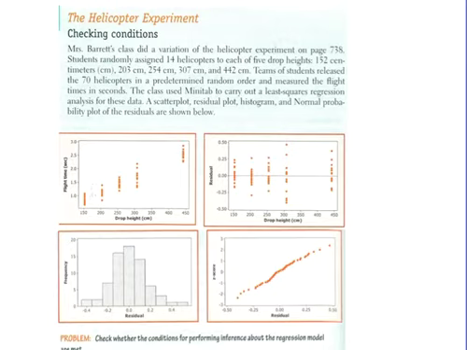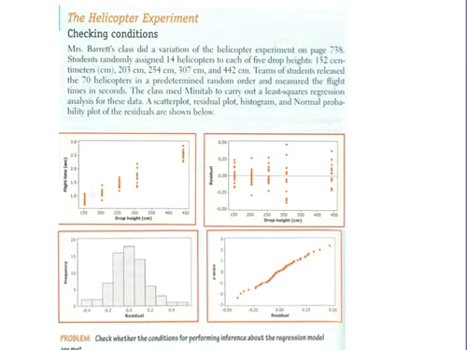Let's look at an example of how you would check conditions for linear regression and the inference that goes along with that. Ms. Barrett's class did a variation of the helicopter experiment on page 738. Students randomly assigned 14 helicopters to each of the 5 drop heights: 152 centimeters, 203 centimeters, 254 centimeters, 307 centimeters, and 442 centimeters.